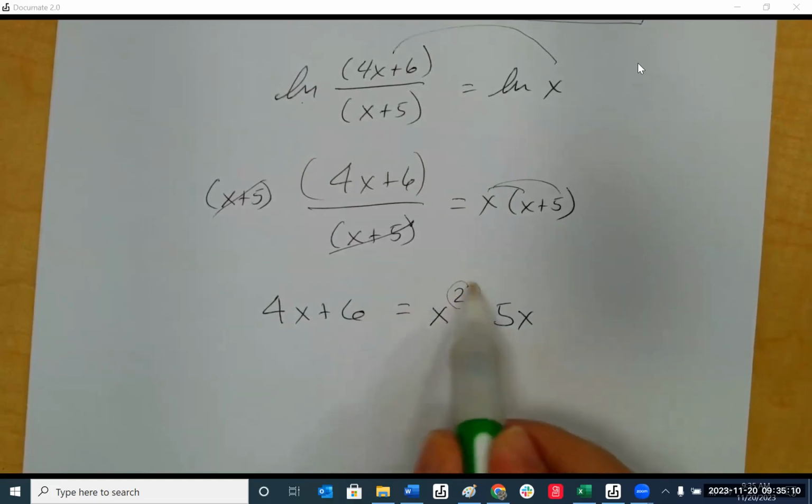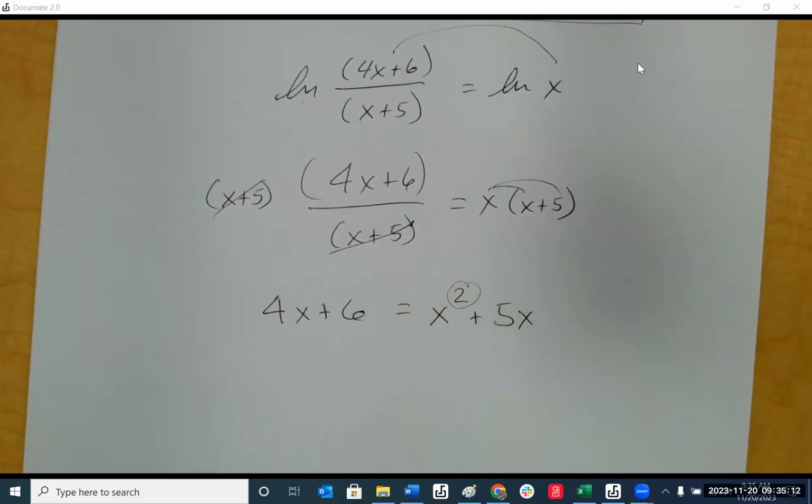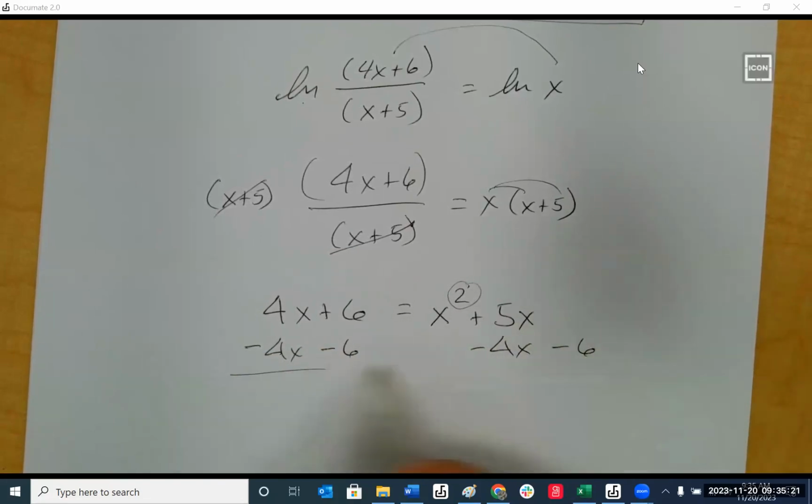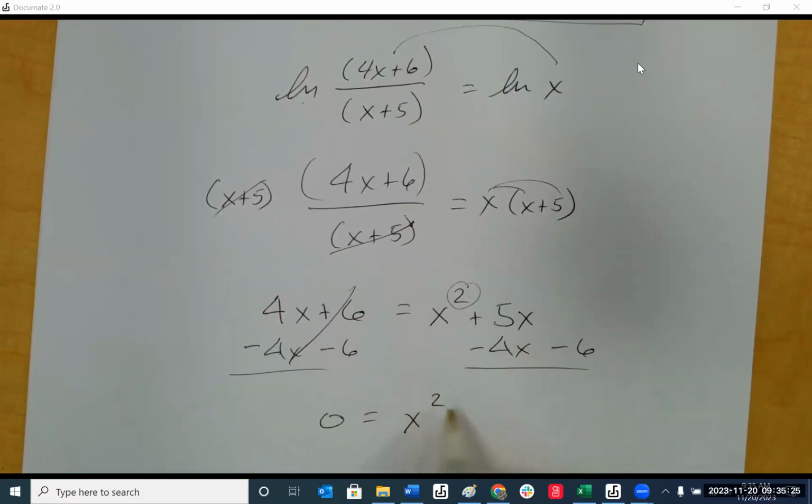Because it's quadratic, I have to make it equal to 0. Subtract 4x from both sides. Subtract 6 from both sides. 5 is bigger than 4.